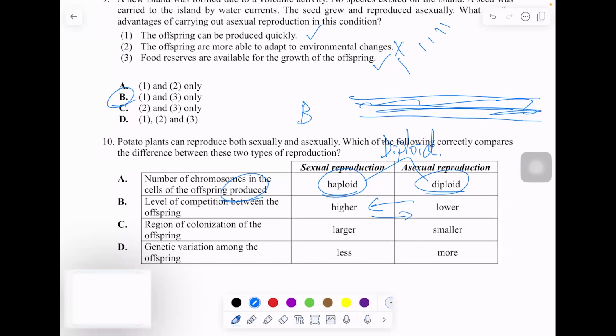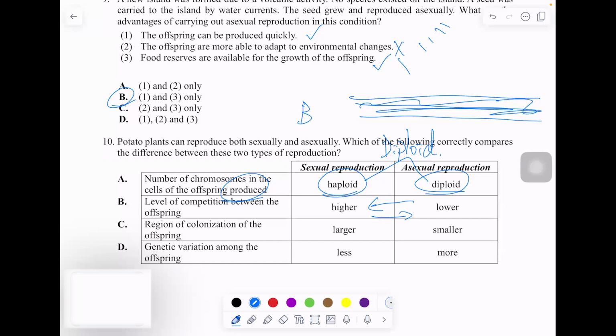By looking at sexual reproduction, it can be caused by several kinds of pollination, for example insect pollination or wind pollination, and in this case the offspring would be away from the competition between the parent plant and the offspring. So it would be a lot lower compared to the asexual, because there the offspring are too close to each other.